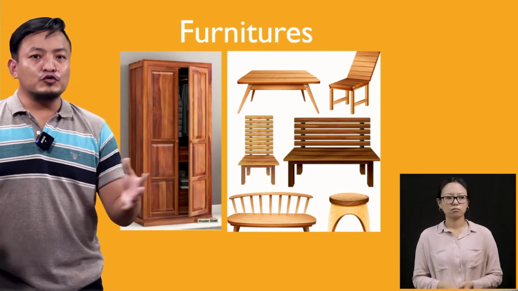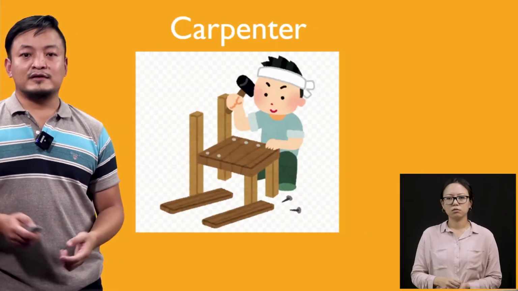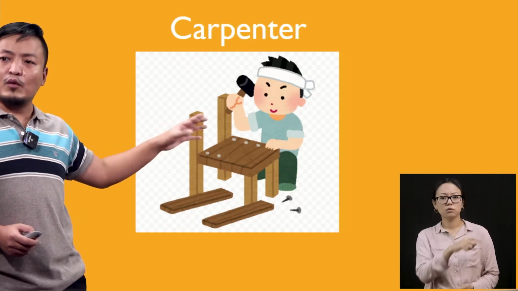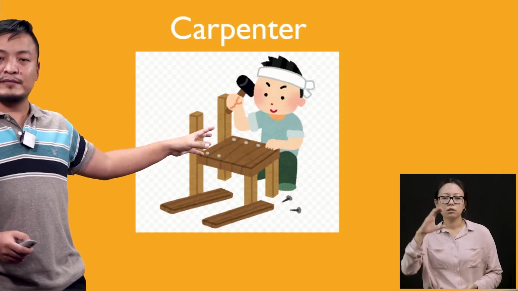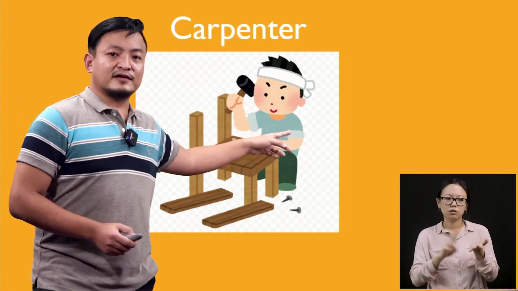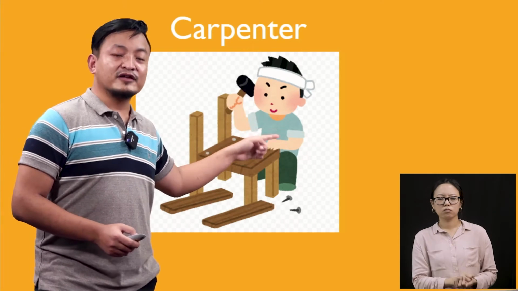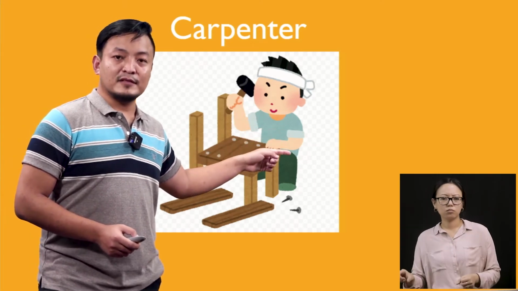Okay. Now, who makes this one? A carpenter. Okay? A carpenter makes all the furniture. So we can see here how a carpenter is working hard making all the furnitures. Okay?